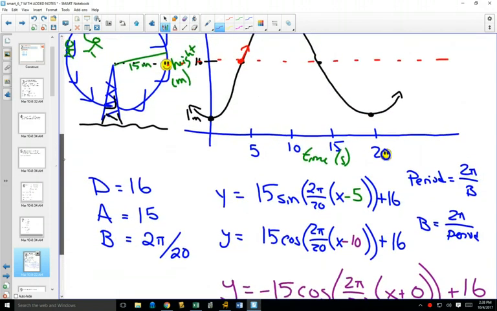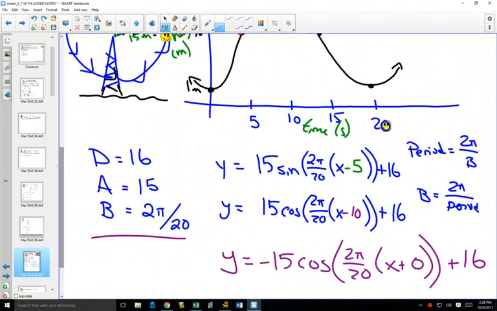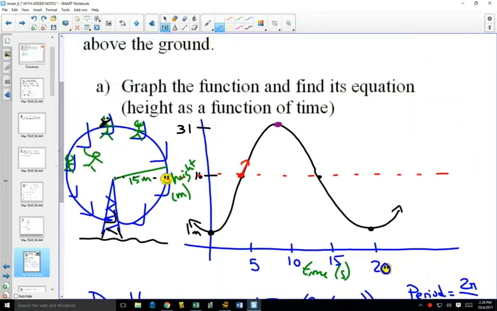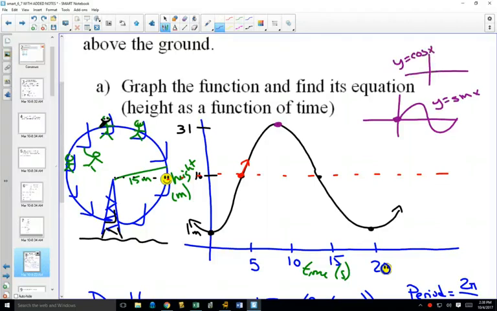In figuring out the C value, you figure out D, A, and B first and that stays the same, but the thing that changes is your C value. For a sine graph, you're looking for the middle going up. Because if you think about your basic sine graph, it starts in the middle going up. When you think about your basic cos graph, it starts at the maximum.